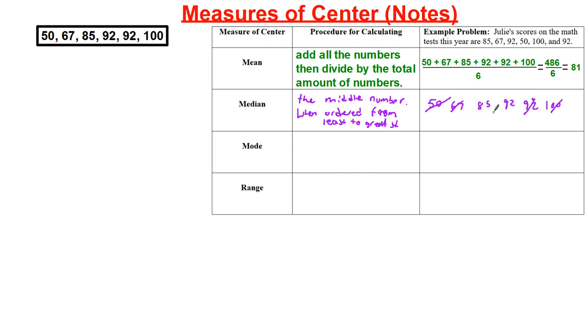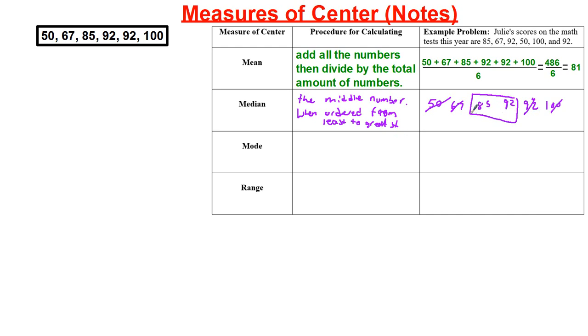The reason for that is because I have an even amount of numbers. If I had an odd amount of numbers, that number in the middle would just be my median. But because I have 2, I have to do something special here. And by special, I mean I have to add both numbers up, and then I have to divide by 2. So I'm basically finding the mean of these two numbers.